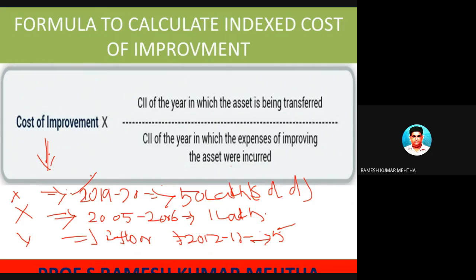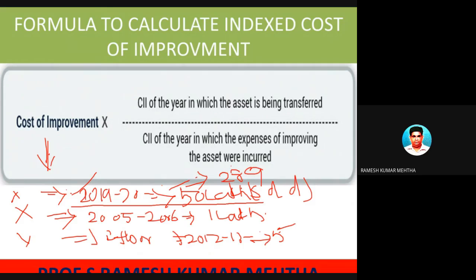Now with this given data, you have to find out what is the long-term capital gain which was earned by the assessee. So I am summarizing the problem. X sold the house property in 2019-20, and you know the cost of inflation index of the year 2019-20 is 289.